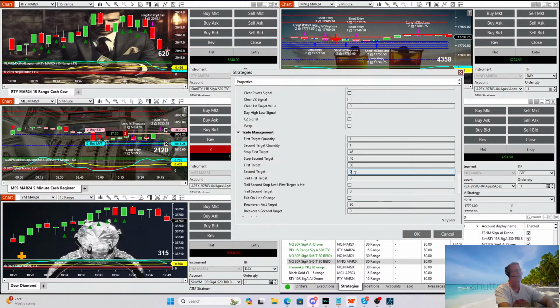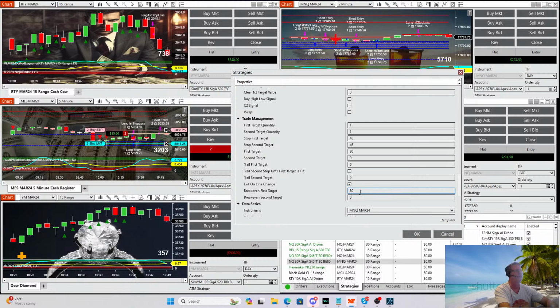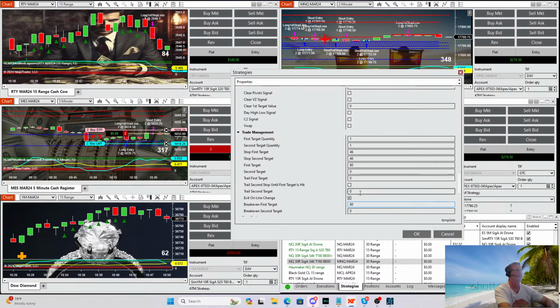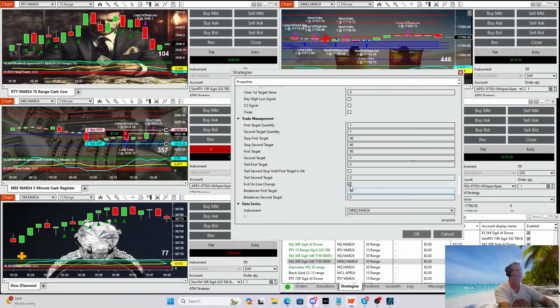Our second target is going to have no defined value, and it's going to continue in the trade until my 15 EMA changes colors. So all risk will be off the trade when we hit our first profit target at 80, and I'll be in the second on a runner. It'll stay in that trade until the color of our 15 EMA changes colors.